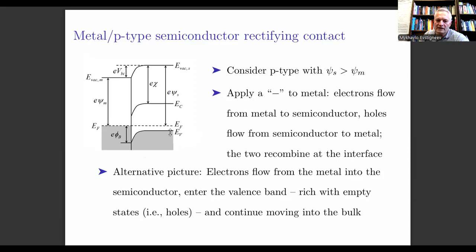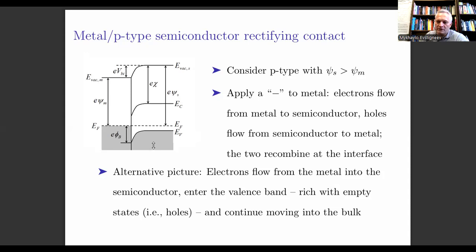Now, of course, for positive bias applied to the metal, some electrons from the valence band will enter the metal. They will be attracted by that positive bias. But in order to enter the metal, they need to overcome the Schottky barrier right here.